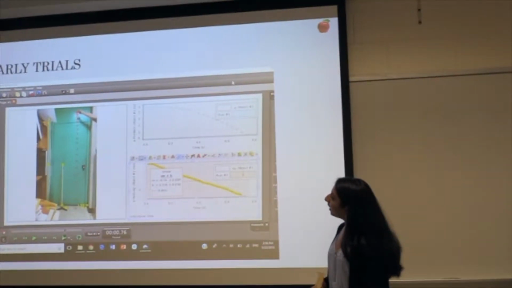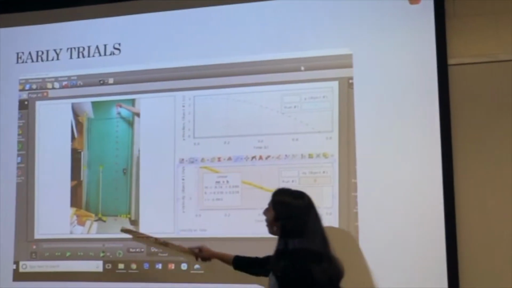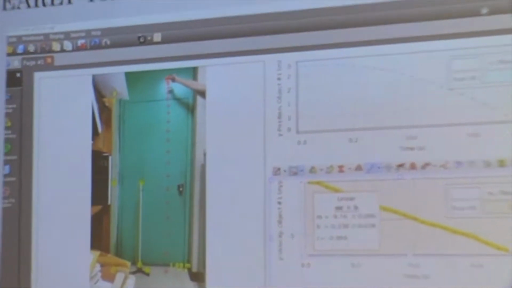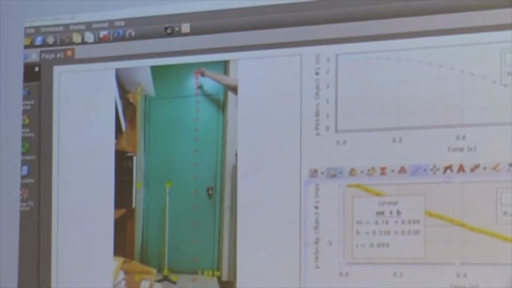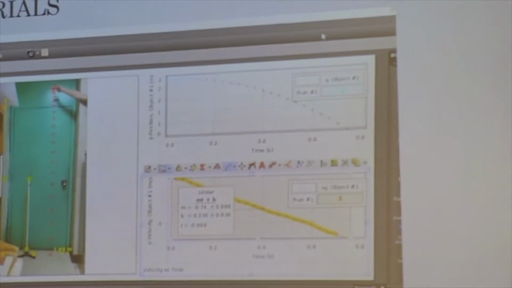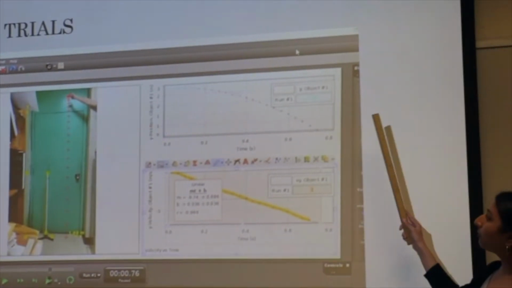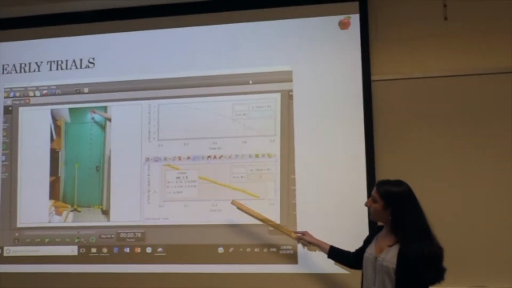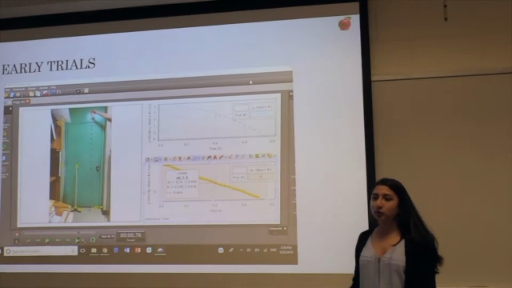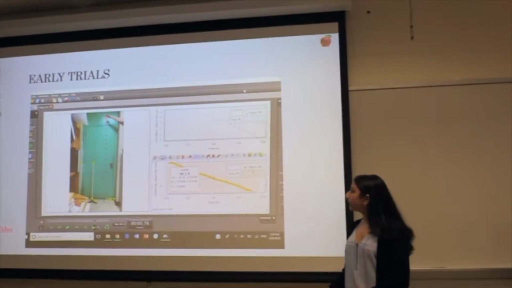As you see right here, the red plus marks are the positions of the balls every 5 frames as the ball is falling. And using this data, we created the graph of position versus time and velocity versus time. The velocity versus time will eventually give us the acceleration value.